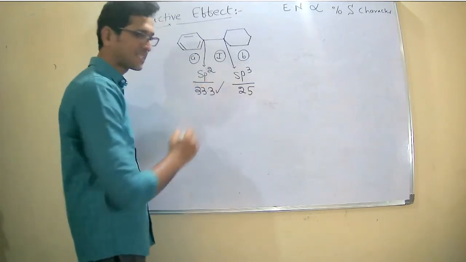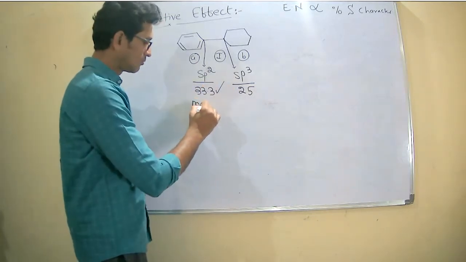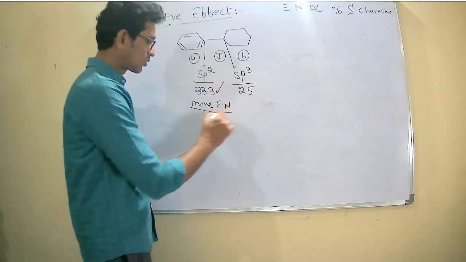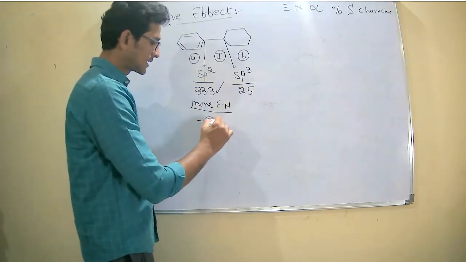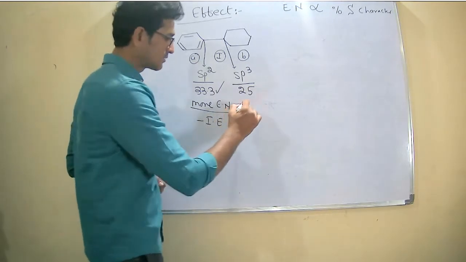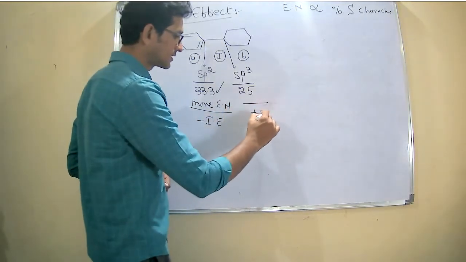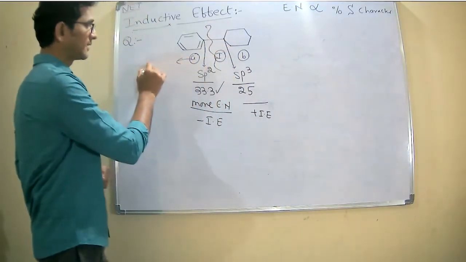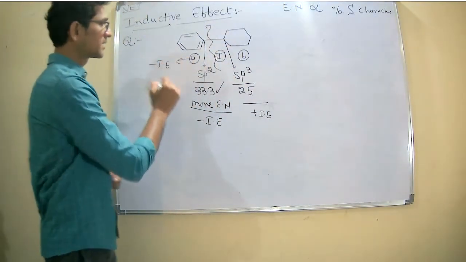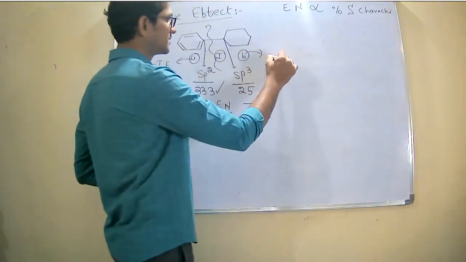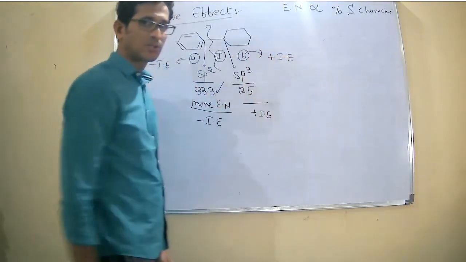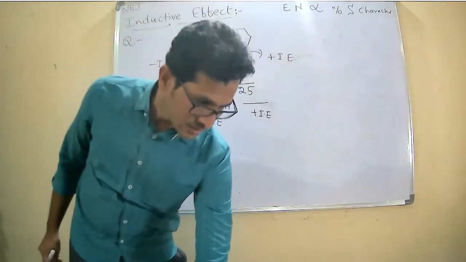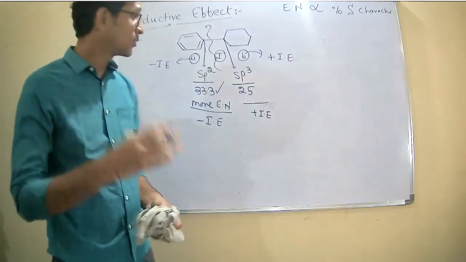Here, more S character, therefore more electronegative. Once it is more electronegative, it is minus inductive effect, and the other is plus inductive effect. Therefore, A is minus inductive effect, whereas B is plus inductive effect. Next, I will give one more example.